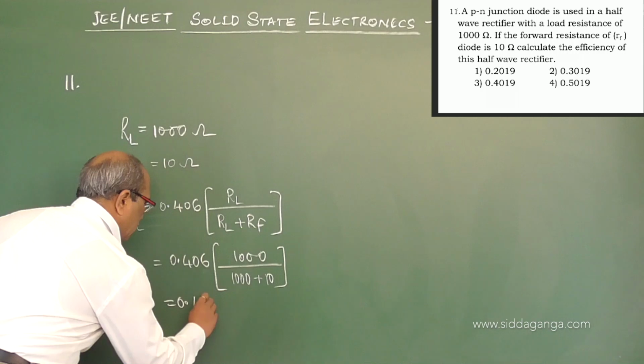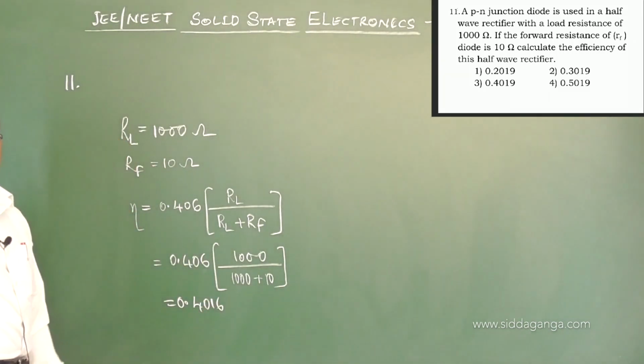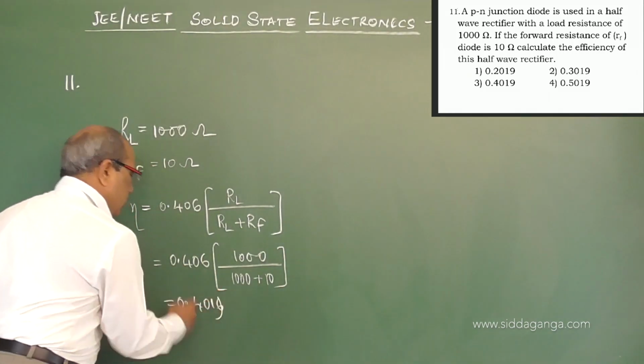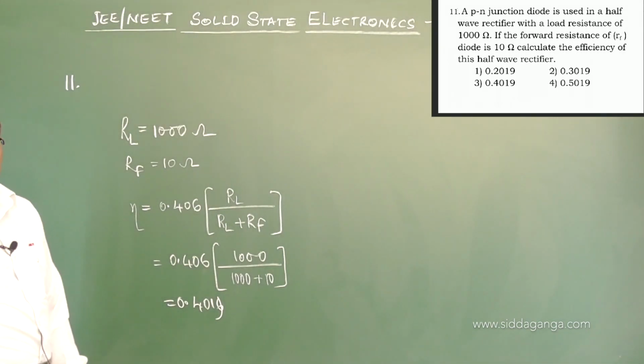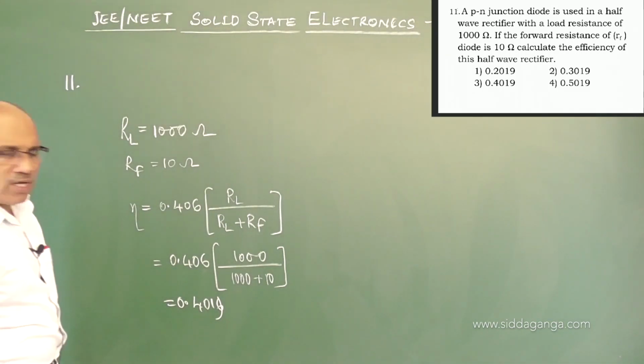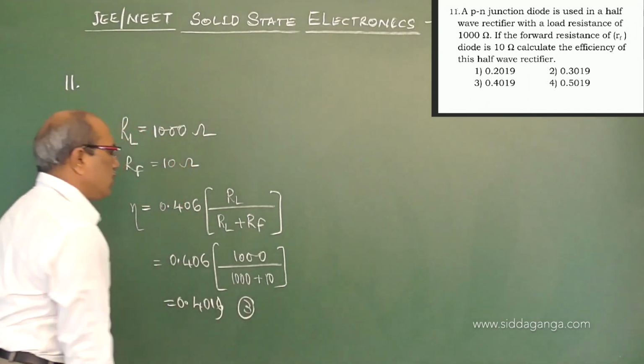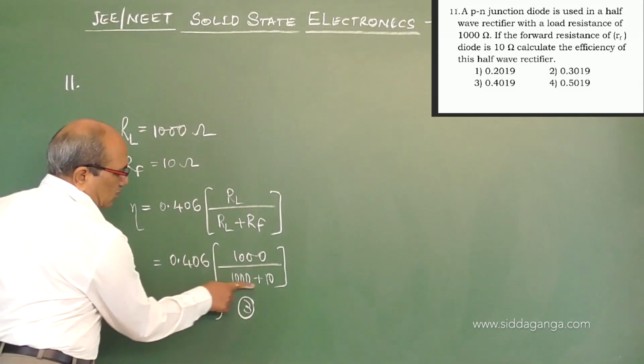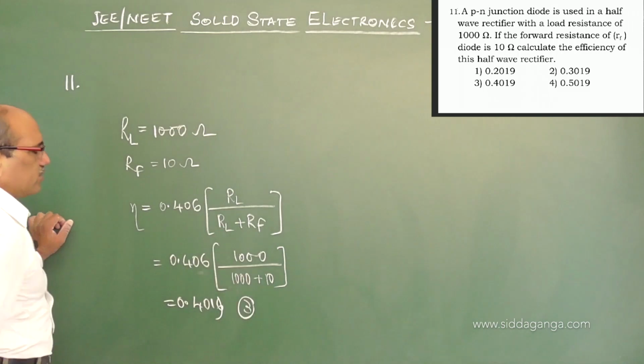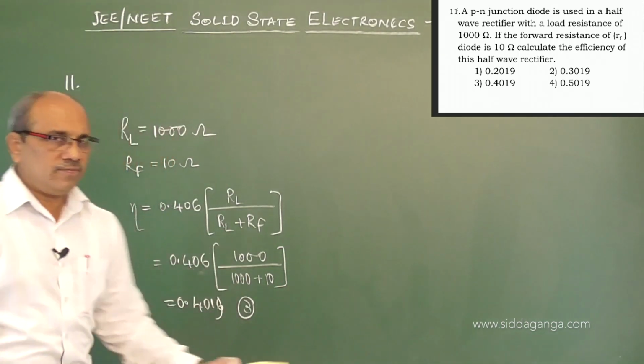Searching for the possible answer, 0.4019 is the answer, option 3. Because 1000 is less than 1010, this will decrease a little bit. Option number 3.